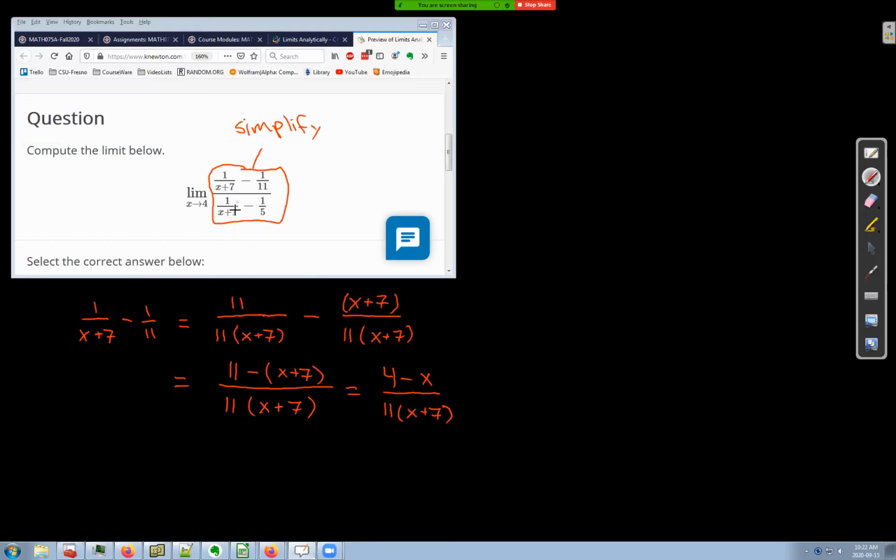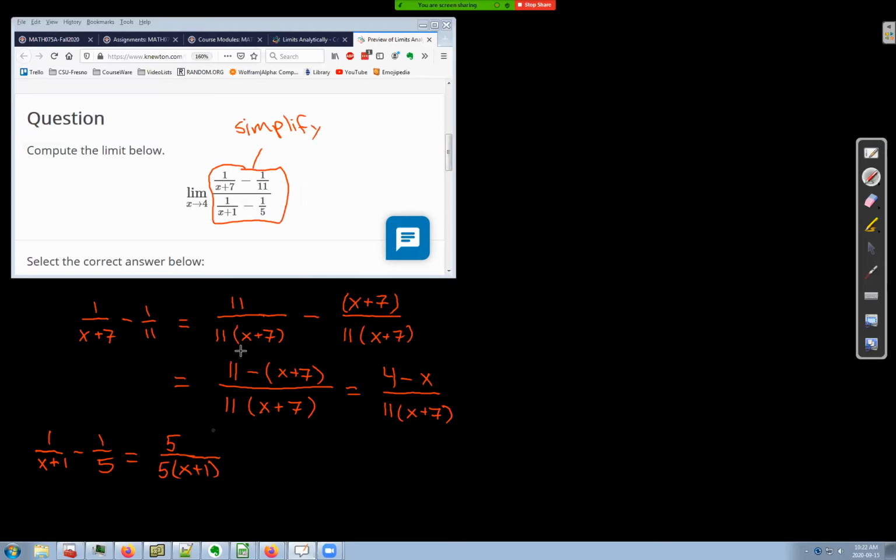Okay, now I'm going to do the same thing for the denominator. So I've got 1 over x plus 1 minus 1 over 5. And that's equal to, okay, so the first fraction, I'm going to multiply the top and the bottom by 5. So I got 5 over 5 times x plus 1.